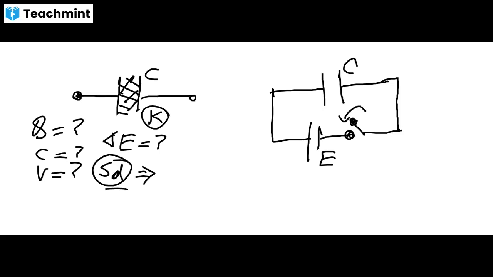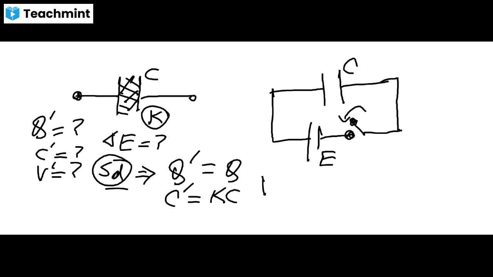There is nowhere for the charge to go, so the charge remains the same. What is the value of the capacitance? The value of the capacitance should be K times C.